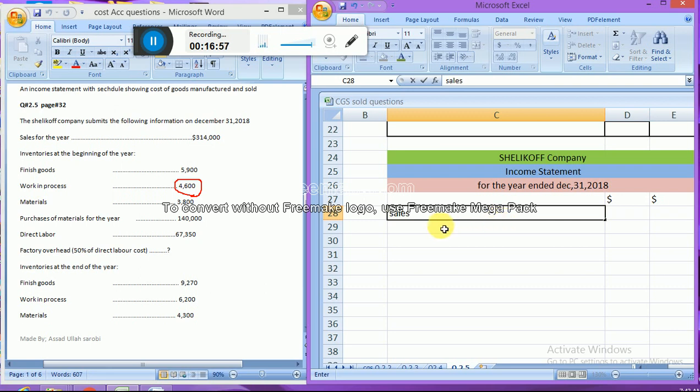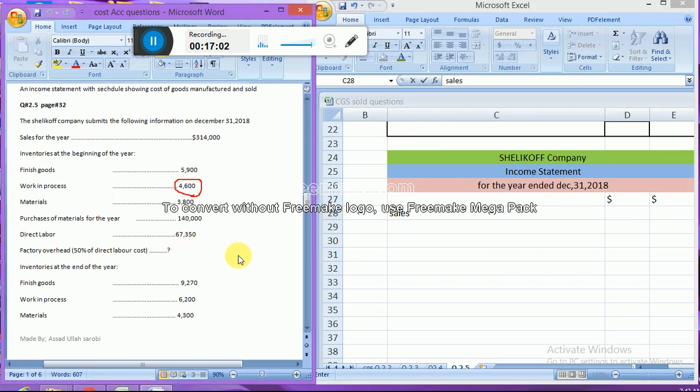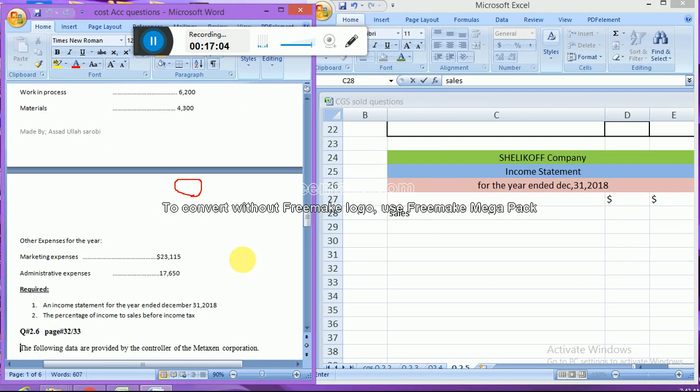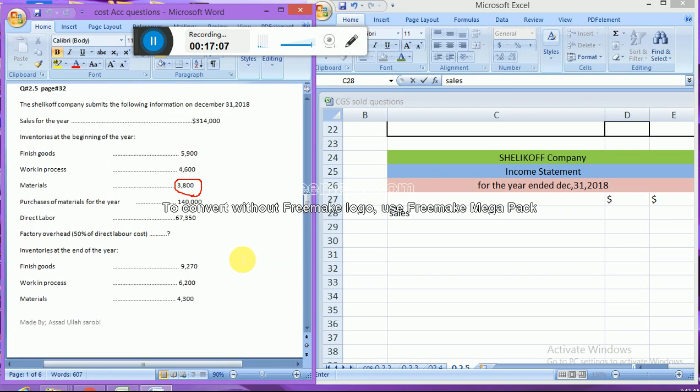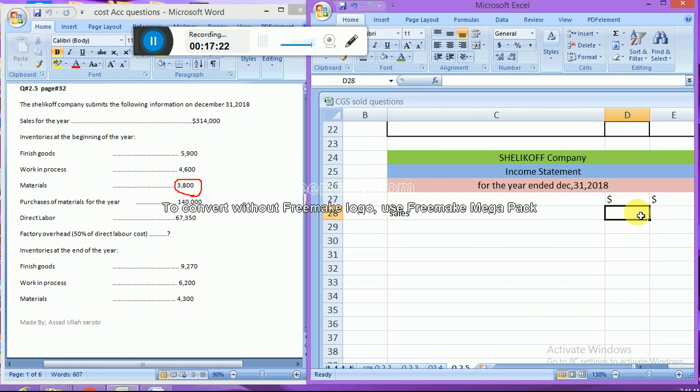So sales, how much sales? Locate from the question: sales for the year is $3,14,000. Clear? I write the $3,14,000. This is my total sales. There is also a chance of sales returns.